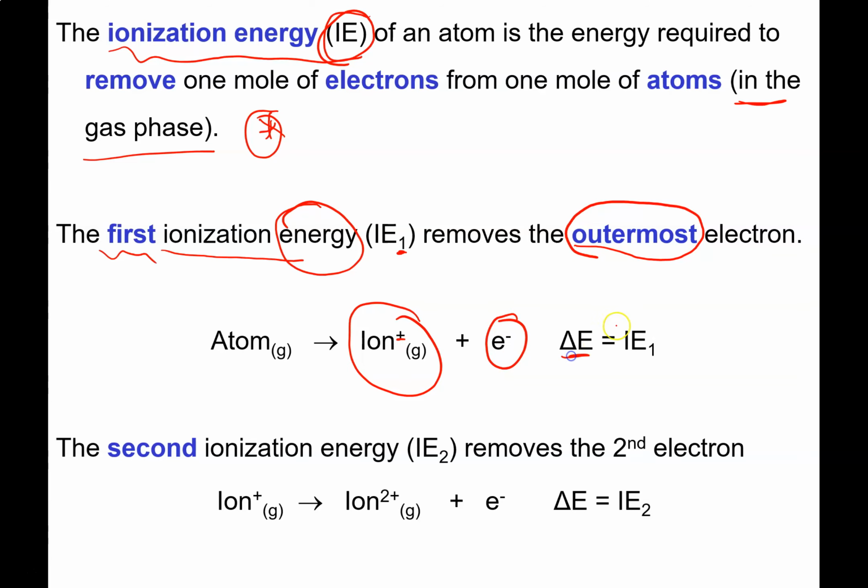The energy involved in that process is called IE1. We can remove more electrons, so we can remove a second electron. We take our ion with its single positive charge and remove a second electron, giving us a double positive charge. The energy required to do this is called IE2. And so on and so forth, we can keep removing electrons.